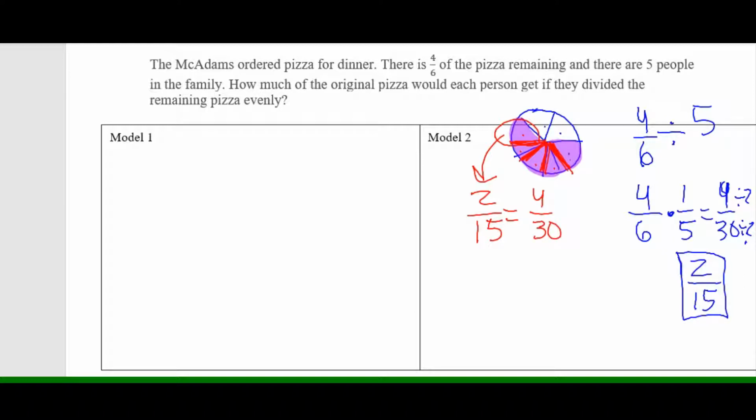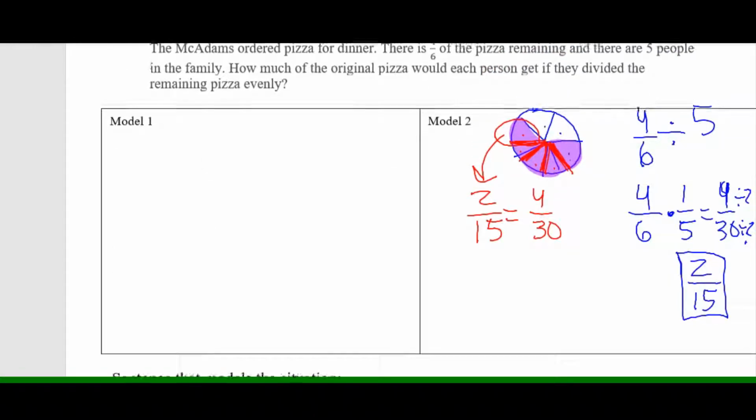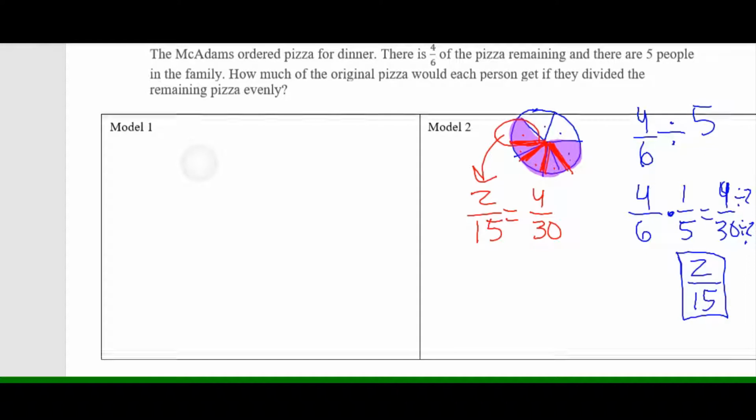Now, how would you draw this using a rectangle? Well, actually, we want to write the multiplication first. Actually, no, we can show this using division. So we want to show 4/6 being divided evenly into 5 groups.